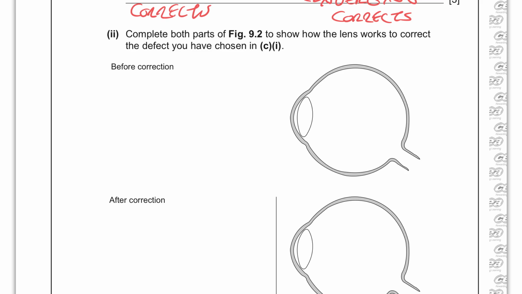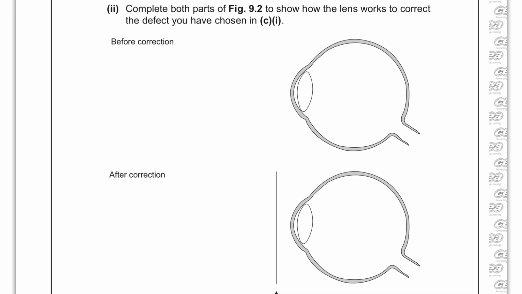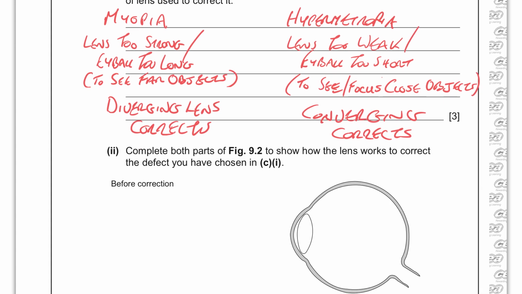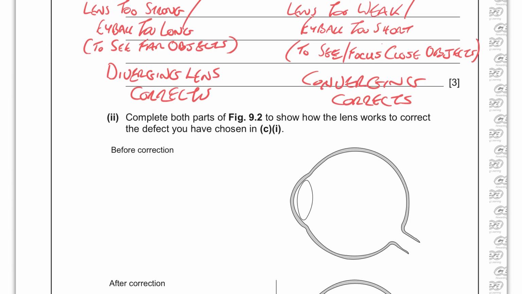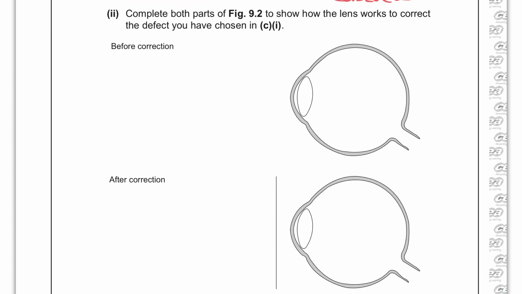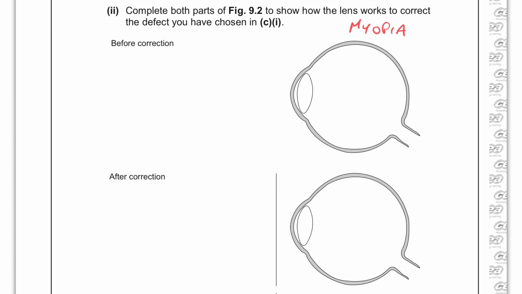So, complete both parts of figure 9.2 to show how the lens works to correct the defect you have chosen in C1. So it depends what you've chosen. So let's say we've chosen myopia. Someone with myopia struggles to see a far object, and it's because the lens is too strong.